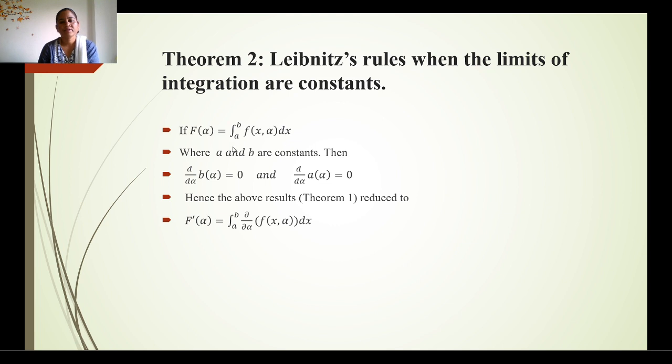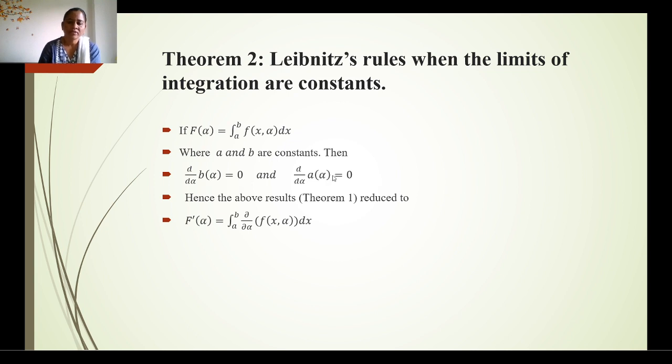If f of alpha is equal to the integral of a to b of f of x comma alpha dx, where a and b are constants, then d by d alpha of b of alpha, the upper limit, is 0, since the derivative of a constant is 0, and d by d alpha of a of alpha is equal to 0.